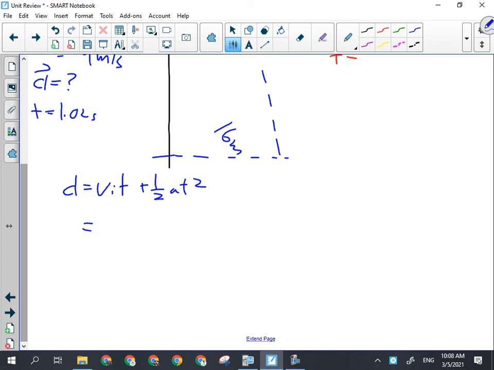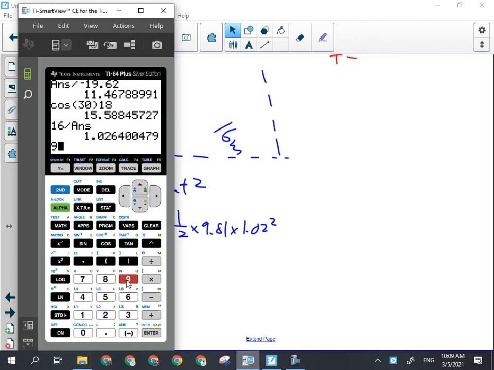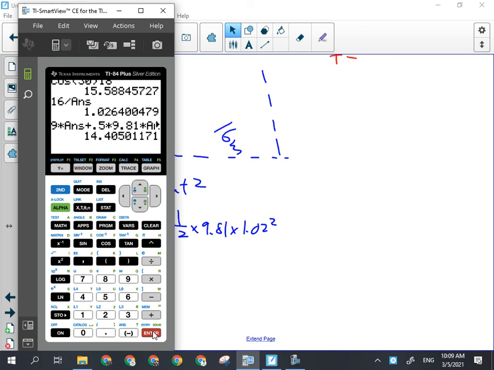Okay, so we've got 9 times 1.02 plus 1/2 times 9.81 times 1.02 squared. Okay, and I just made everything positive because it's all down anyway. So 9 times our answer plus 0.5 times 9.81 times our answer squared. All right, so it's 14 meters high.